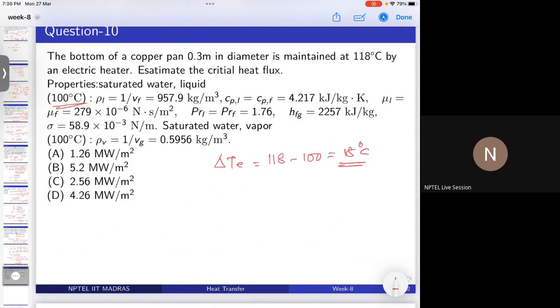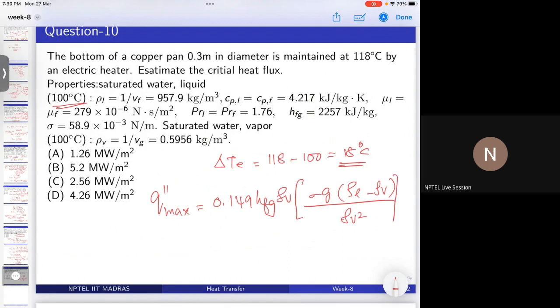Everything else is given. So what is the critical heat flux value? That is 0.149 HFG rho V into the quantity sigma g (rho L minus rho V) by rho V square, raised to 1 by 4.